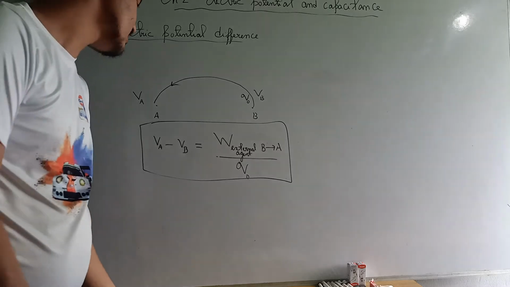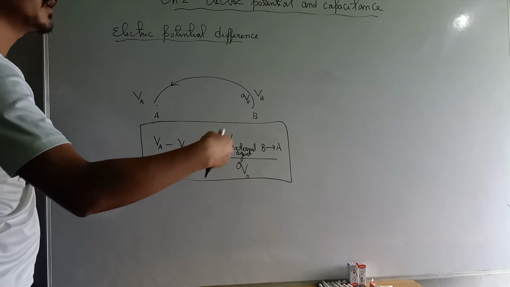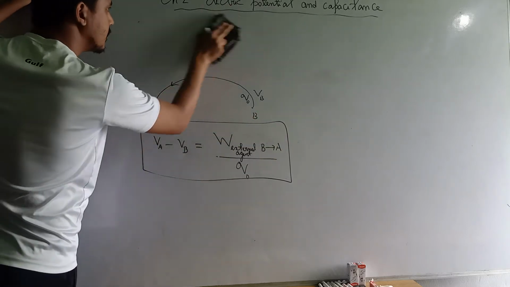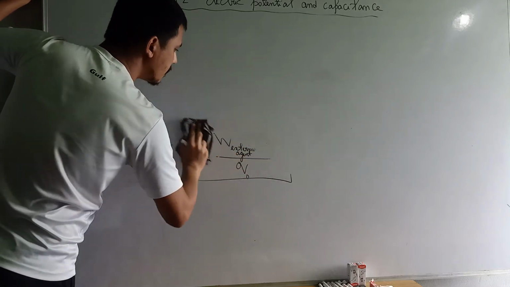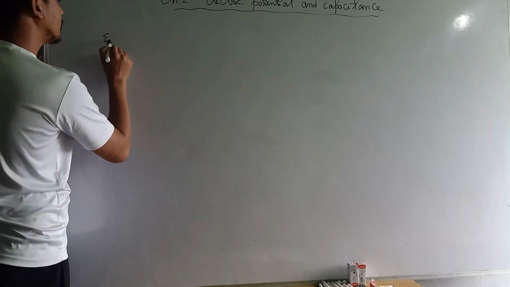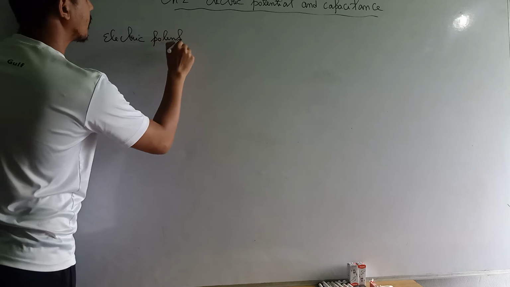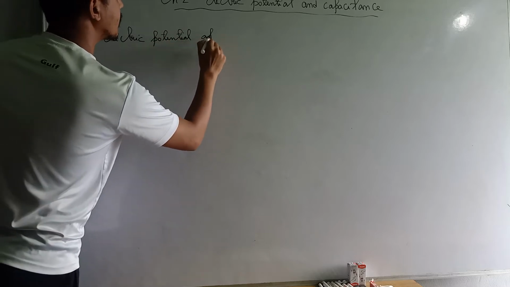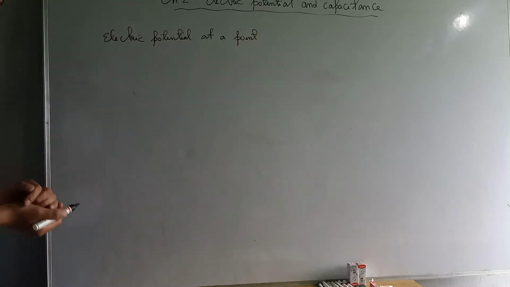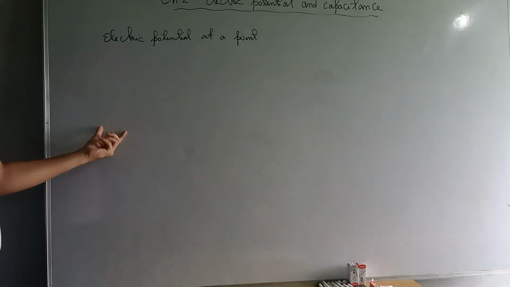But if you are asked to define electric potential at a point, then how are you going to define that? In order to define electric potential at a point, you have to bring the test charge from infinity to that particular point.